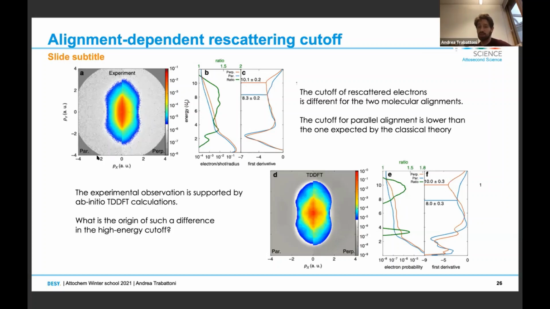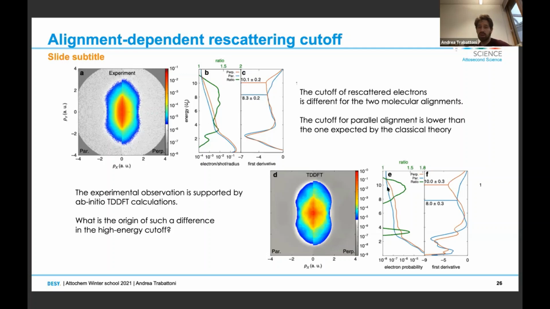This was quite surprising. So we asked for theoretical support and we collaborated with the group of Angel Rubio. They performed TDDFT calculations, time-dependent density functional theory calculations, and actually the result of the simulation is in excellent agreement with the experiment.